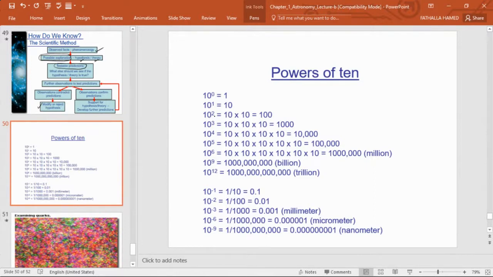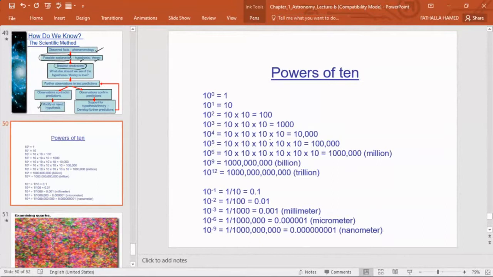If we say 10 raised to the power 2, that means 10 times 10, which is 100, and that means it will give you 2 zeros after the 1. 10 to the 3 means 10 multiplied 3 times, which gives you 1,000, and that's why we write it here as 10 to the 3. That means it's 1 and 3 zeros after it.